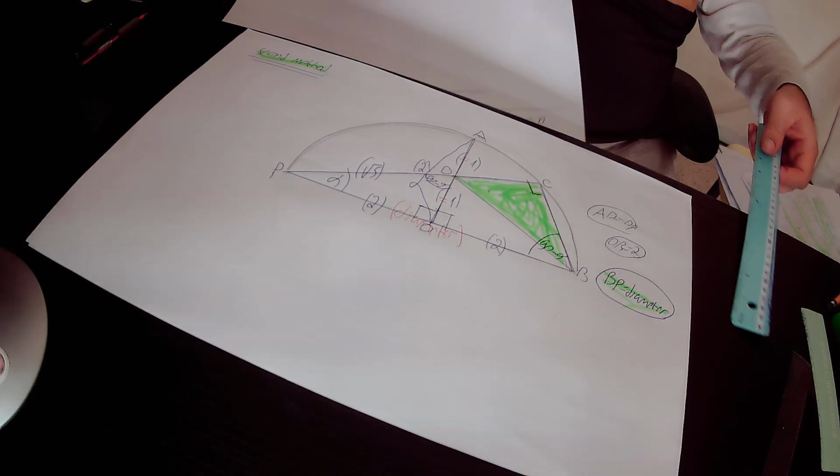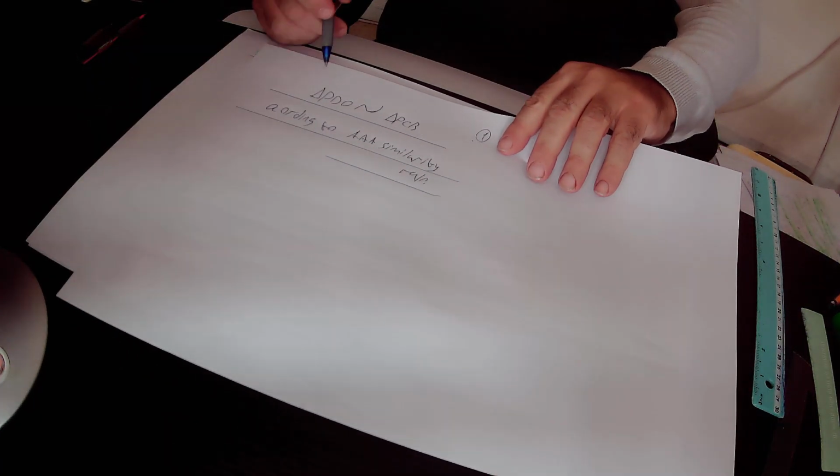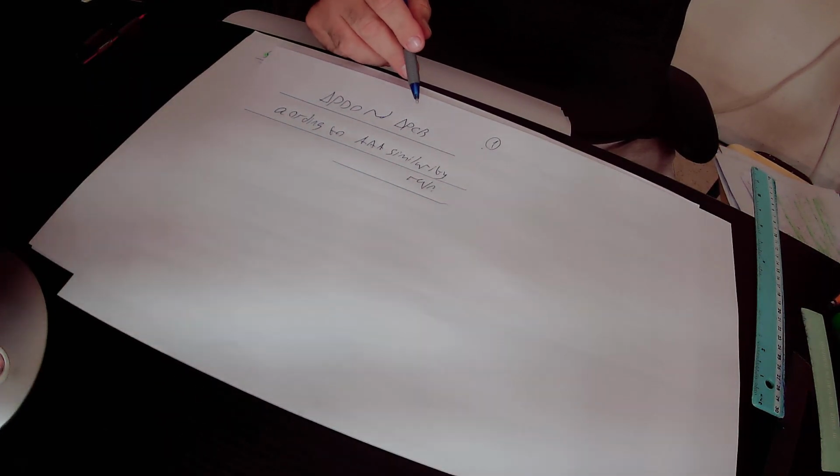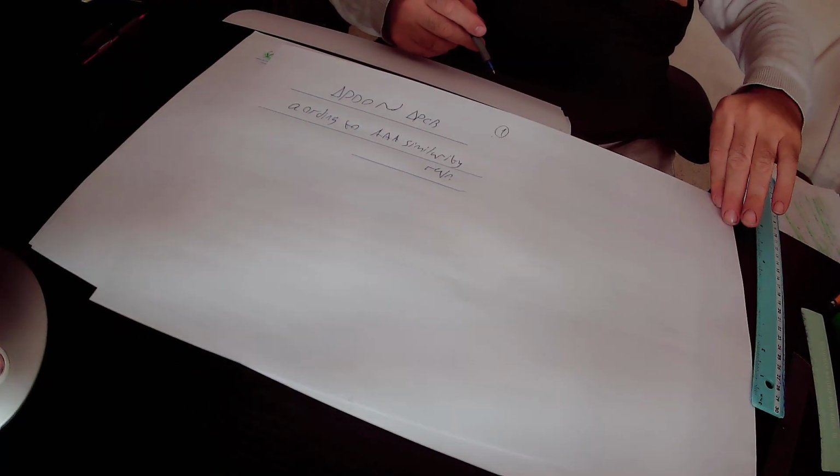Repeat again: we found that the small right triangle PDO is similar to the big right triangle PCB according to the angle similarity rule.